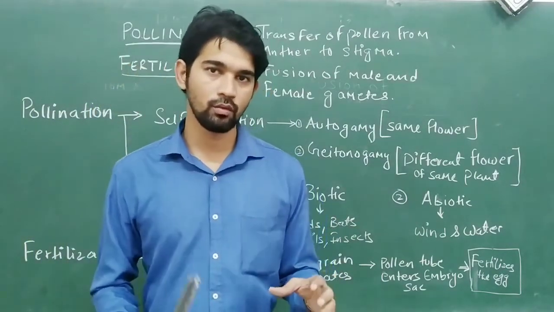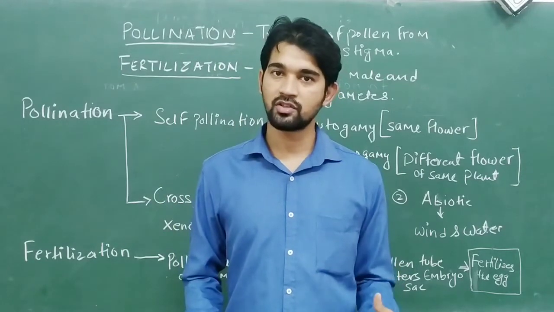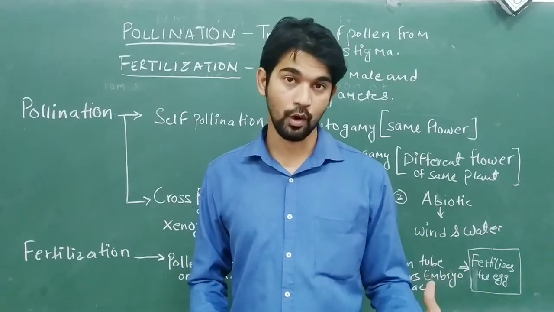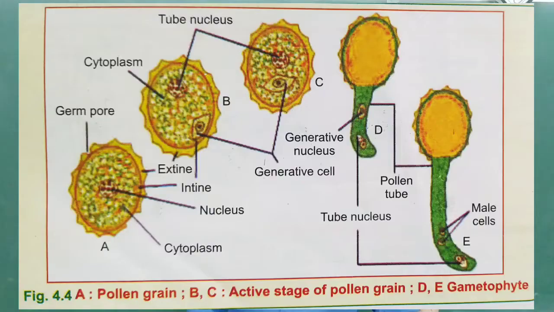Now I will show you a picture which will help you to understand how this pollen grain is growing. As you can see in the picture, a pollen grain in parts A, B, C, D and E, how this germ pore will develop and the two male sex cells are there in the pollen tube.